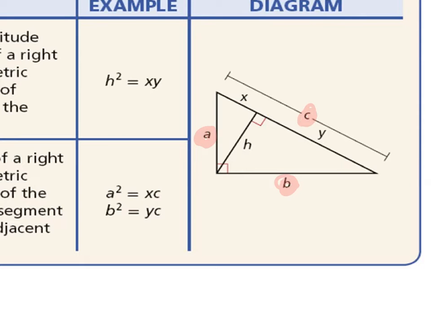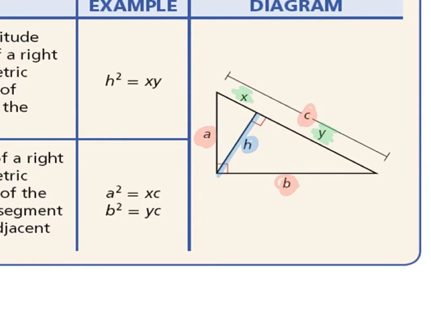We also labeled the altitude. That's H. The altitude takes your side C and breaks it up into two extra sides, side X and side Y. So the altitude cuts it in half.